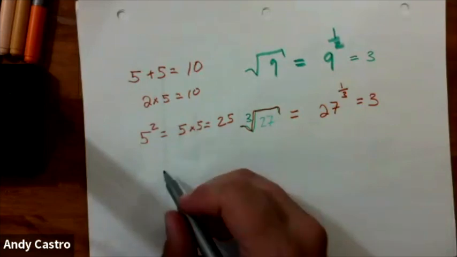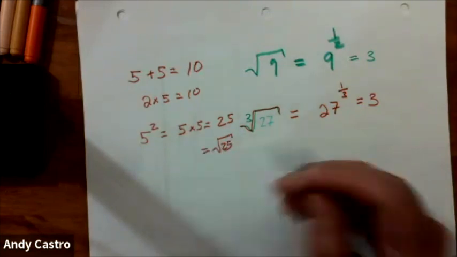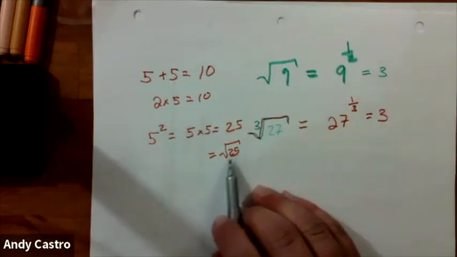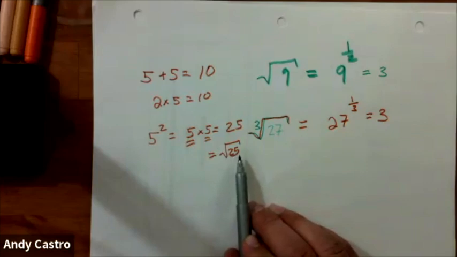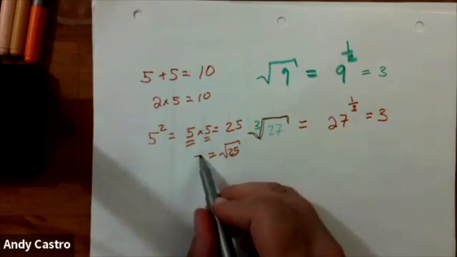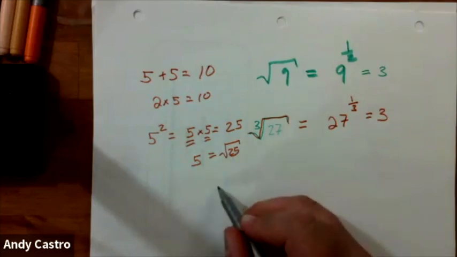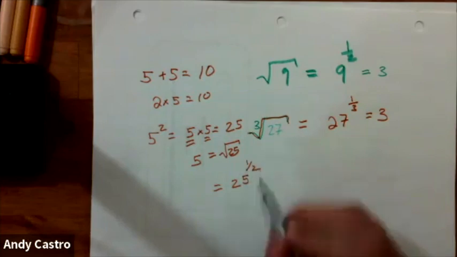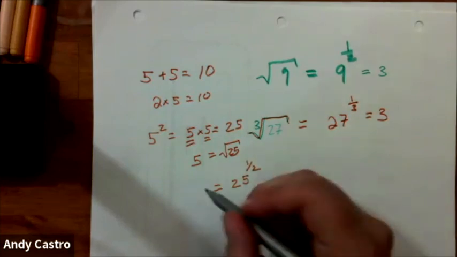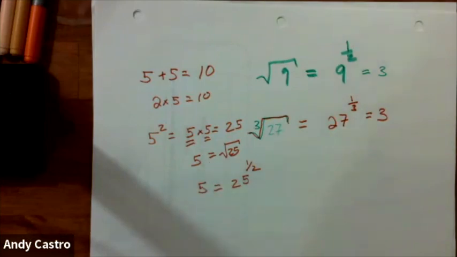If we think about the square root of 25, we're looking for two identical things that multiply by each other to get this number, 25. Square root of 25 is 5. Another way to write square root is 25 to the 1/2 power. That's the same exact thing as square root of 25.